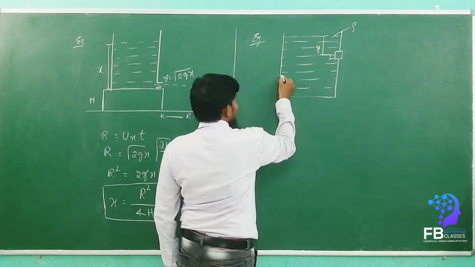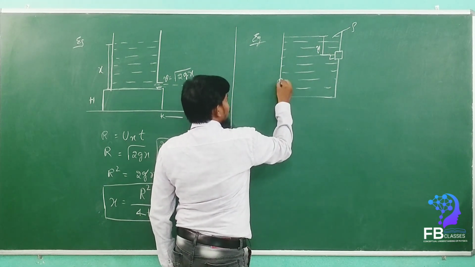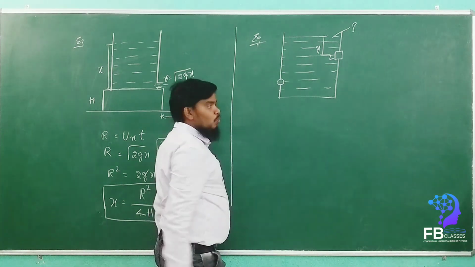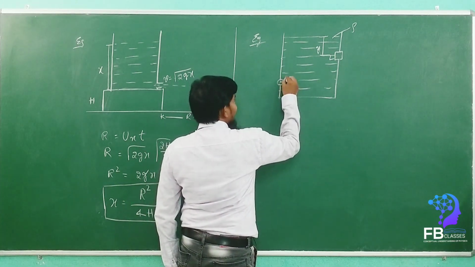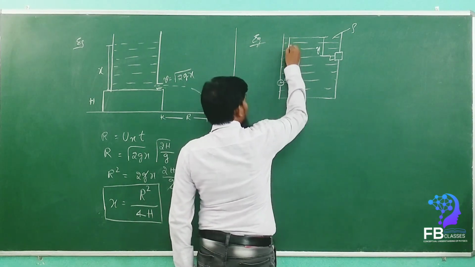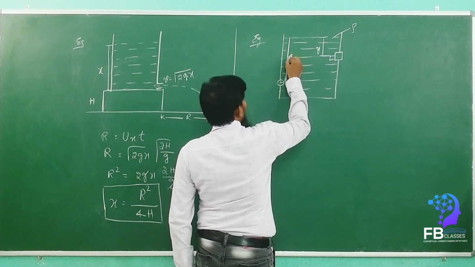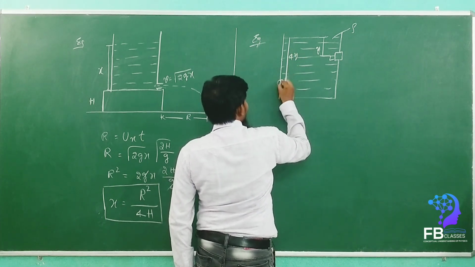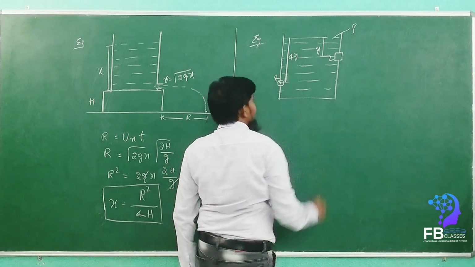Then on the other side he made a circular hole whose radius is r, at a depth of 4y. Got it?